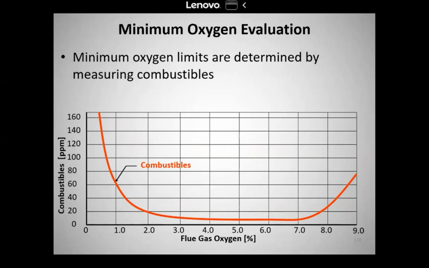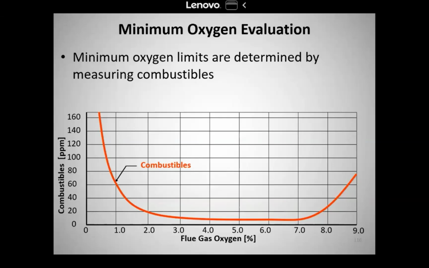If you had stoichiometric combustion, perfect theoretical air, how much oxygen is left in the flue gas? Well, none, because we burned it all up. That's what stoichiometric combustion is. But we can't do that. We have to put in some extra. The amount that doesn't react is left in the flue gas, and we measure that with a combustion analyzer.